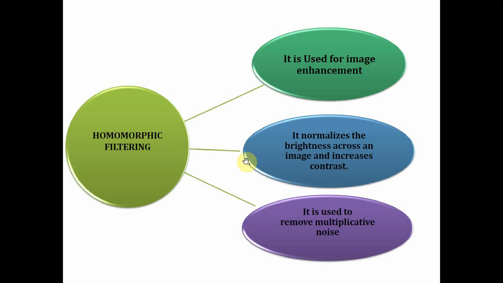So homomorphic filtering basically gives us image enhancement. It normalizes the brightness across the image and increases the contrast. It is used to remove multiplicative noise. As we have seen, whenever I illuminate the object, I get the reflected energy from the object, I perceive it, and I gather some information from the object.